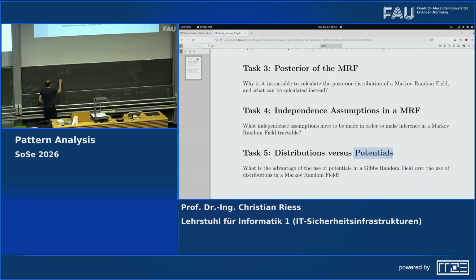And the other distribution that needs to be specified is a joint distribution between yi and yj.